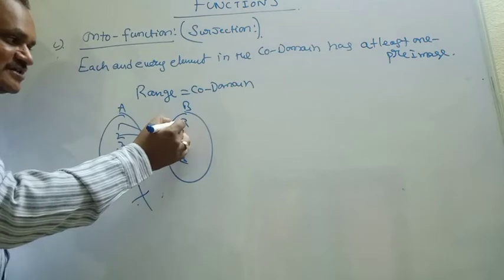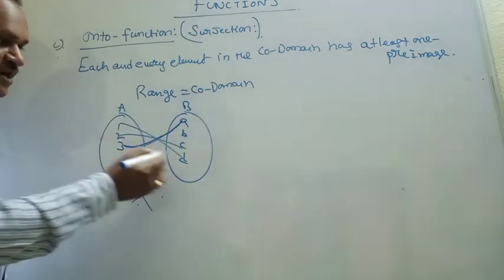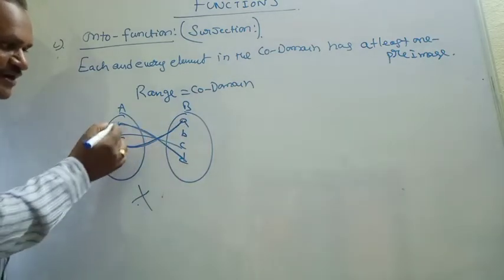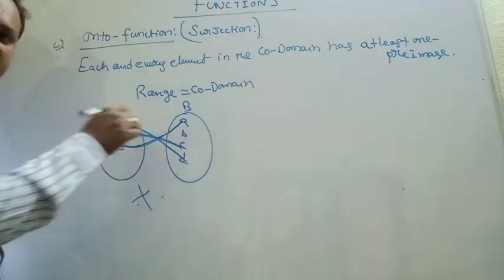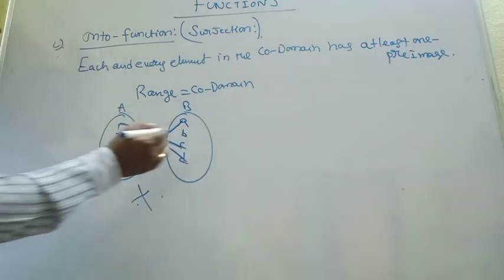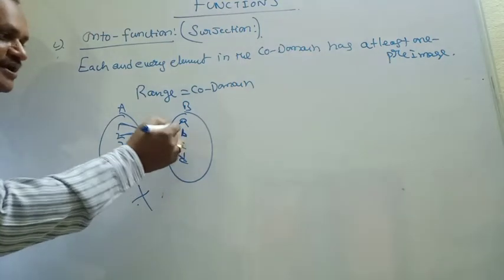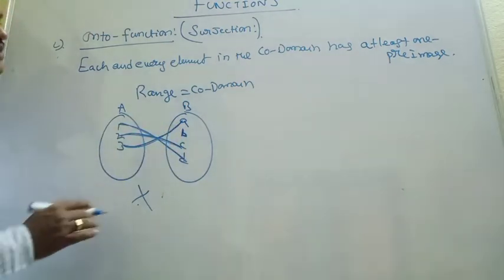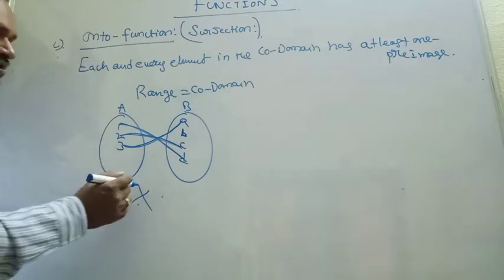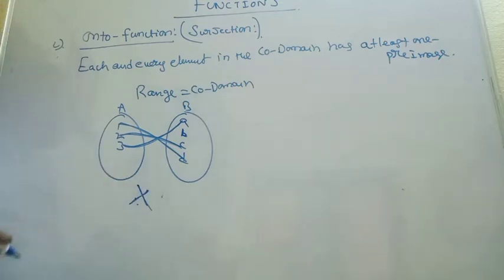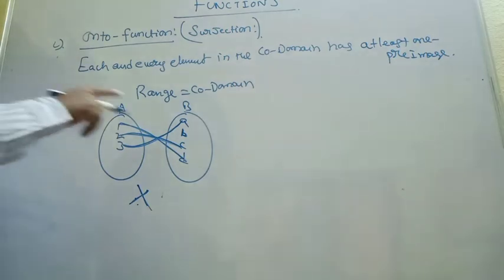A has the pre-image 3. D has the pre-image 1. C has the pre-image 2. But B does not have any pre-image at all. That's why it is not an onto function. B is not having any pre-image.